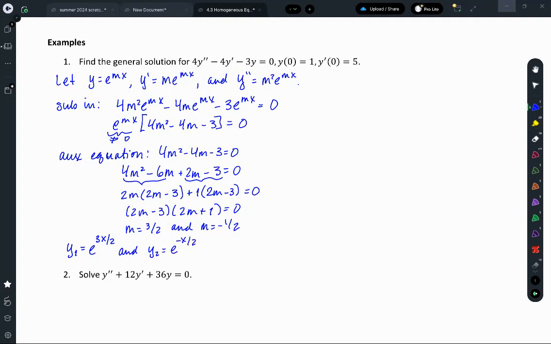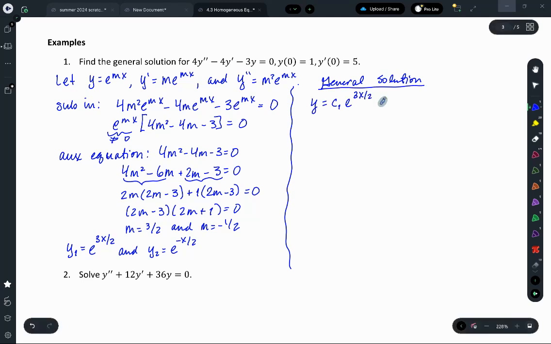Okay? I'm not done. It's asking for the general solution, and we have some initial values. So the general solution is y equals c1 e to the 3x over 2 plus c2 e to the minus x over 2.